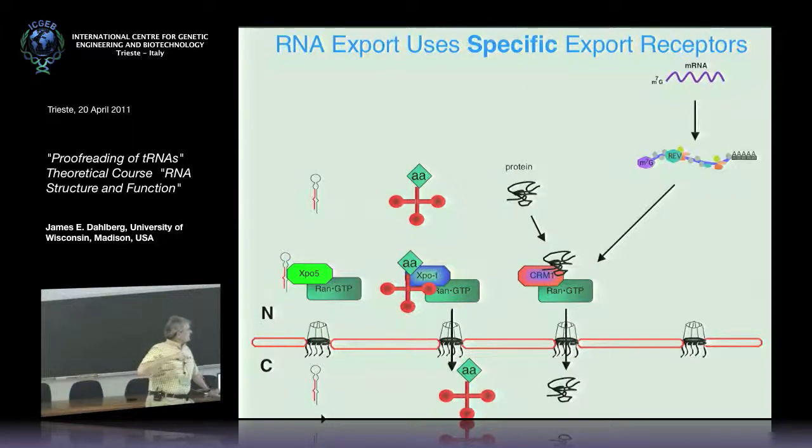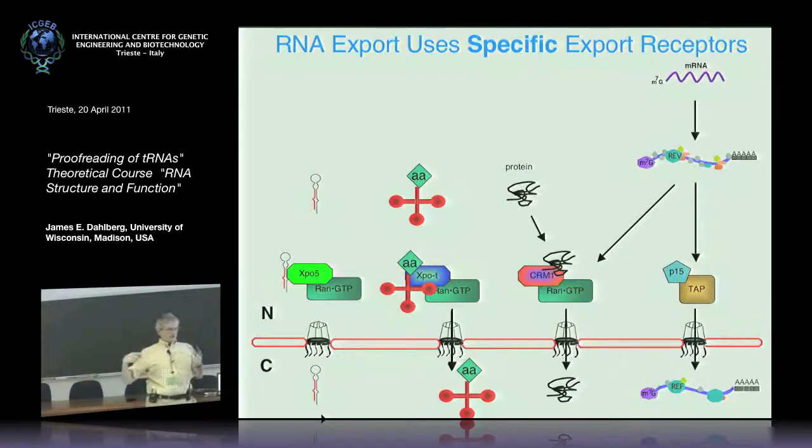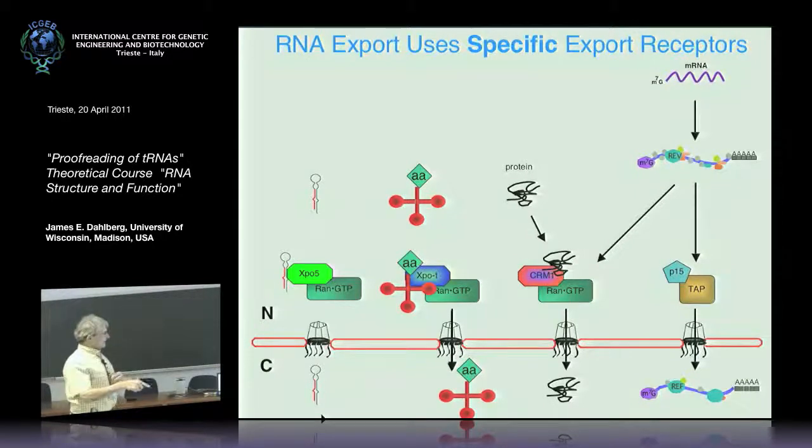But in fact, most messenger RNAs don't use this pathway. Most messenger RNAs are exported using another pathway that is actually independent of RAN-GTP. And this is work initially out of Izaurralde's lab. TAP and P15 are two additional proteins that will interact with messenger RNA and carry that messenger RNA through the nuclear pore complex to the cytoplasm.